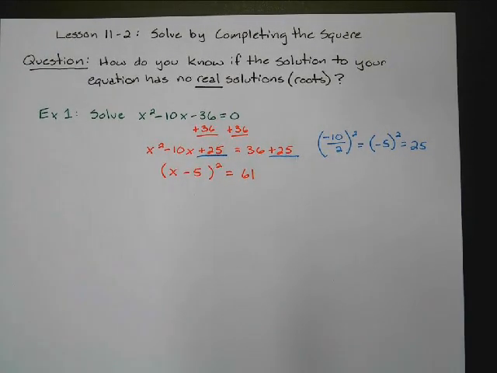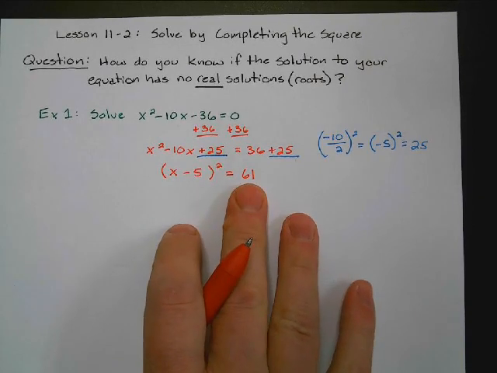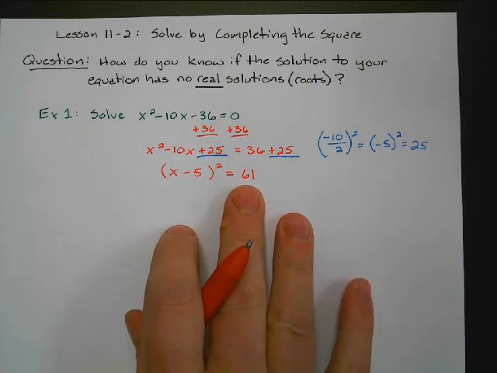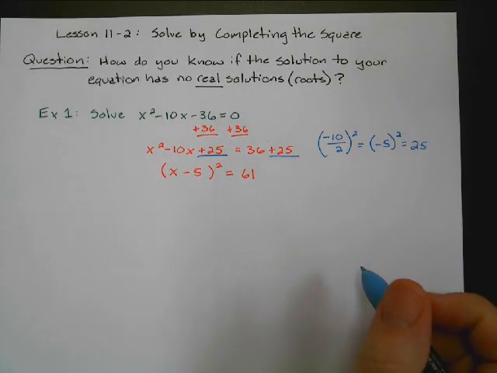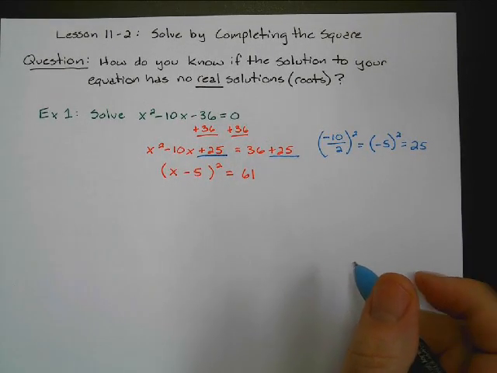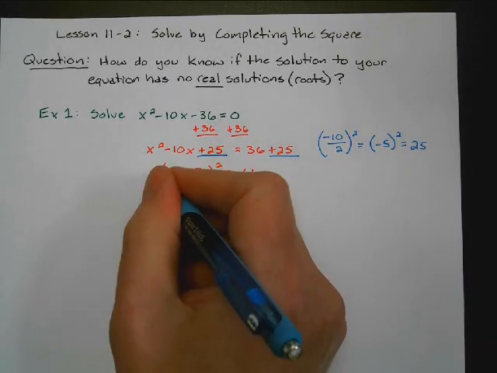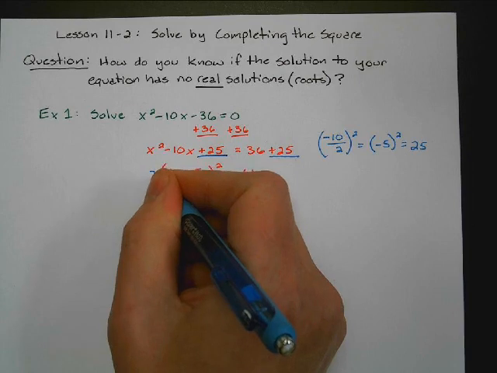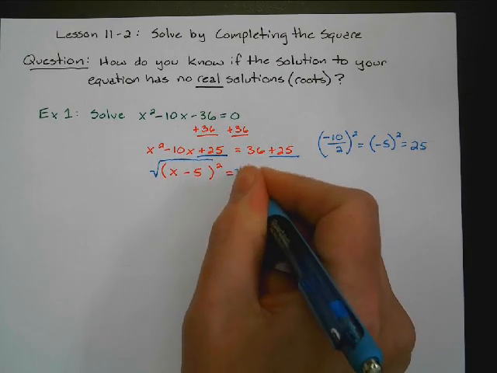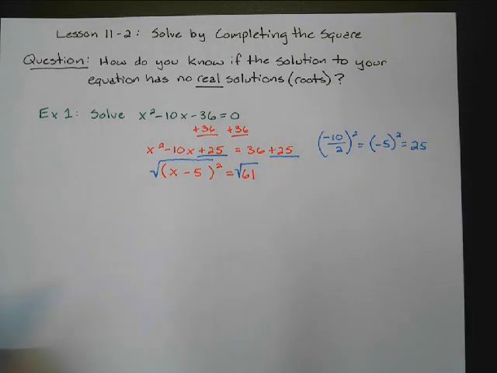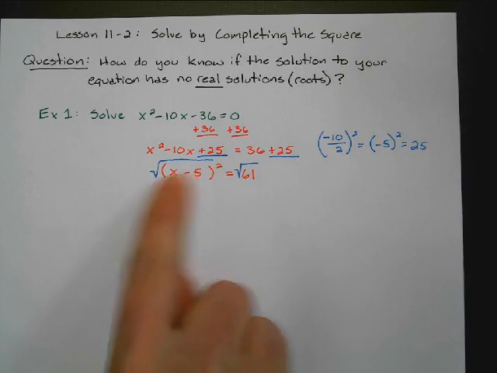All right. Now we're at a point that we were at in the last unit where we're solving using vertex form. What we found out in that unit is one thing that we can do is take the square root of both sides of the equation in order to solve. So I'm going to take the square root of this side. I'm going to take the square root of this side. So remember, square rooting cancels out squaring because they're opposite operations.